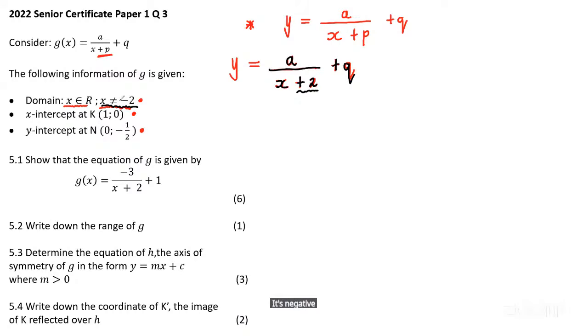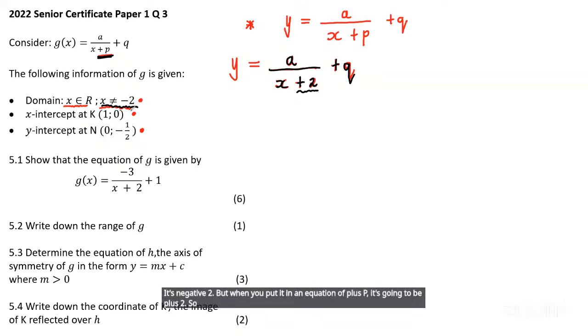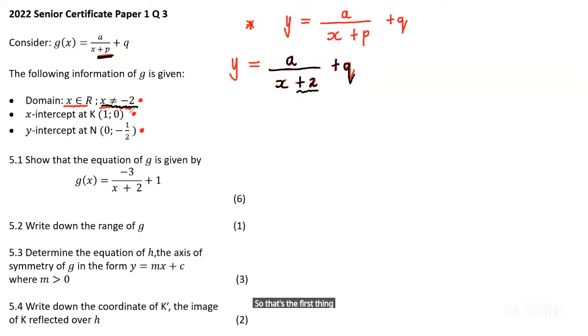But when you put it in an equation of plus p, it's going to be plus 2. So the minus 2, then the plus 2. So that's the first thing that is taking place. So where there's p, then it's a plus 2. So that's the first thing.